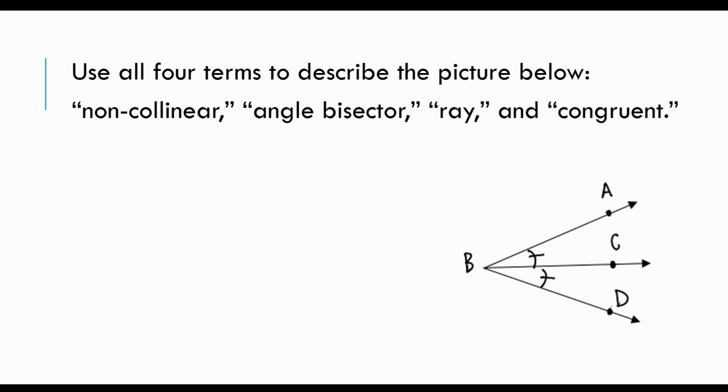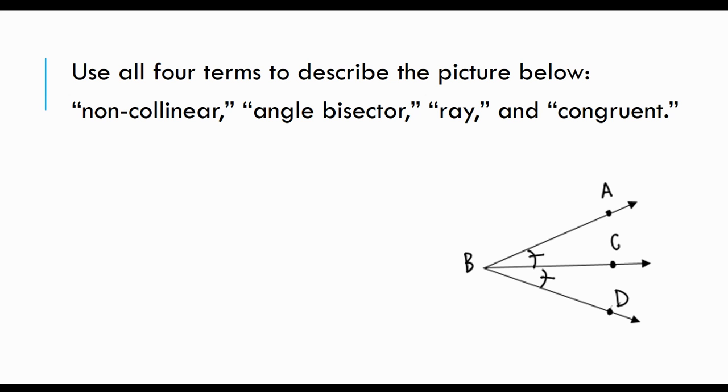In this one, we're saying to use all four terms to describe the picture below. So looking at this diagram, we have to somehow come up with the phrase with non-collinear. We have to say angle bisector, ray, as well as congruent. You can try to put that all into one sentence if you want, or you can have multiple sentences, but we just have to make sure that we use all four of those terms correctly. So let's start with the first term of non-collinear.